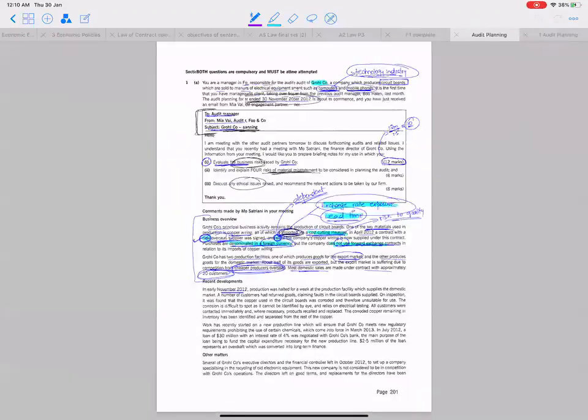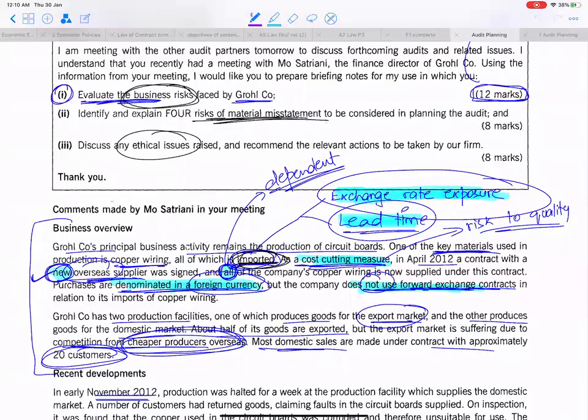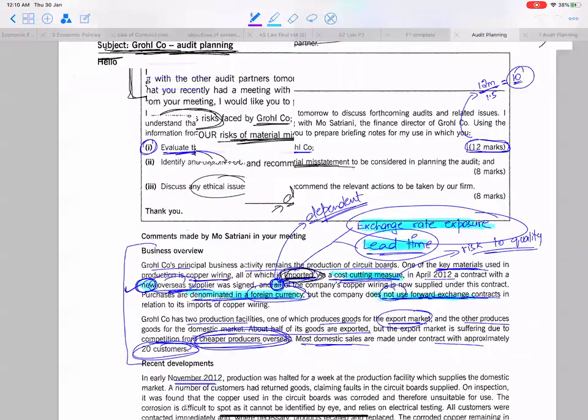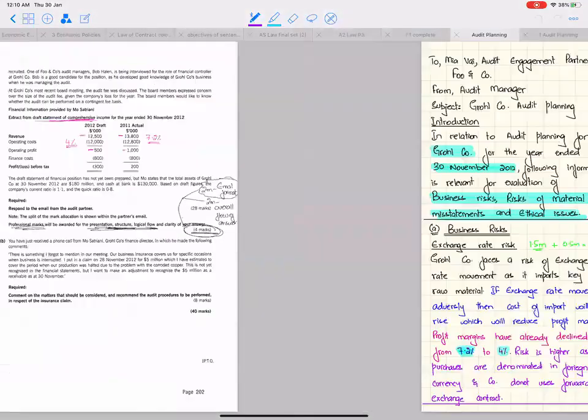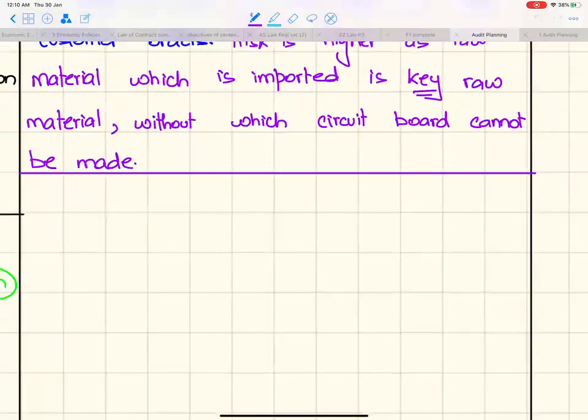Okay. Now, let's write one more risk, that all of the copper is now supplied from a single vendor. So we can argue that there is a risk of dependency. We are getting dependent on this supplier. Dependency on supplier.